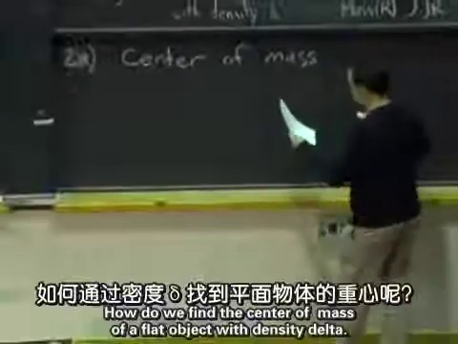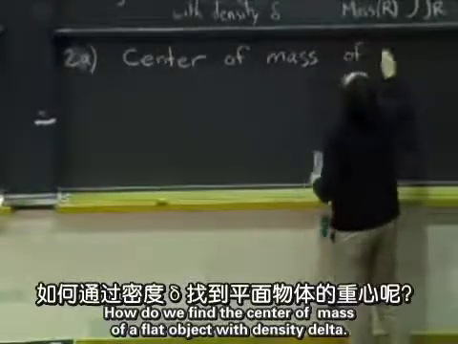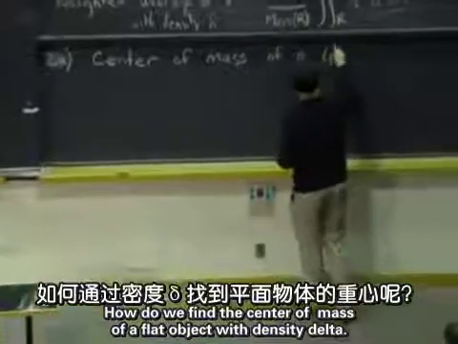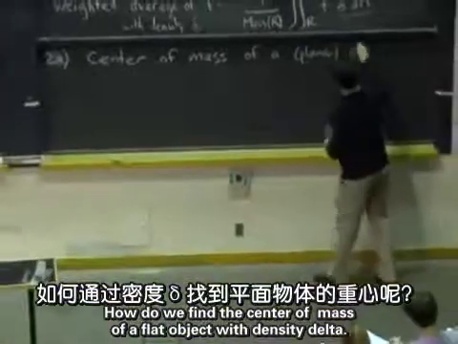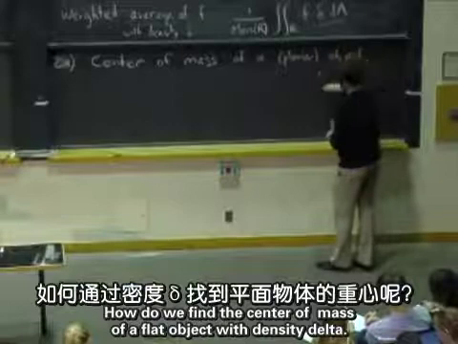So how do we find the center of mass of a flat object with density delta?